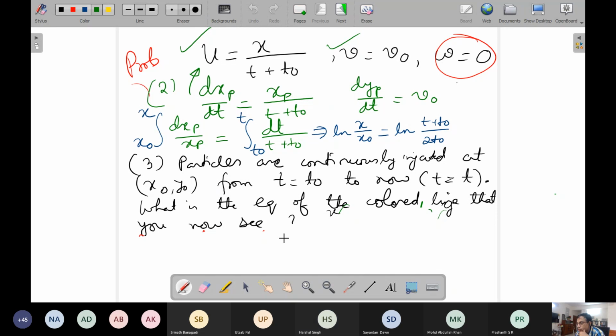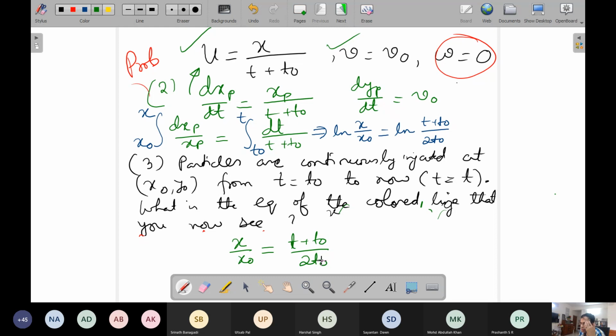It's okay. So let me complete this problem and this statement. So x by x0 is equal to (t plus t0) by 2t0. So this is regarding the x.